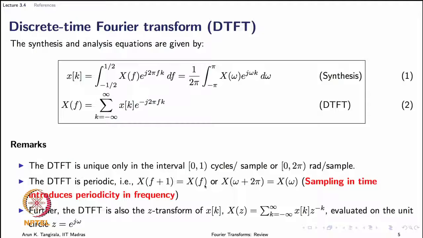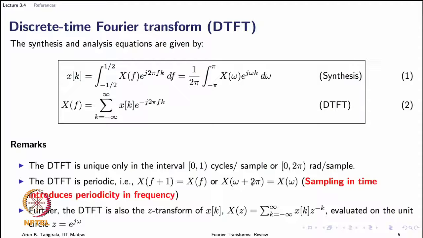Very importantly, and this is quite important to note, because when we move to the discrete Fourier transform, we will make a dual observation of this remark, the discrete time Fourier transform is periodic, as you can see from equation 2 here.